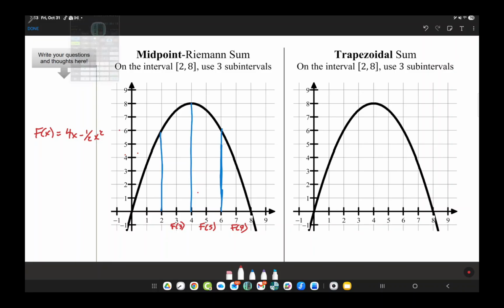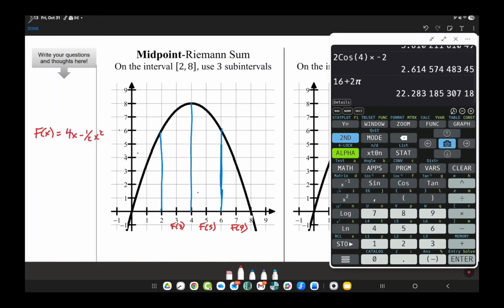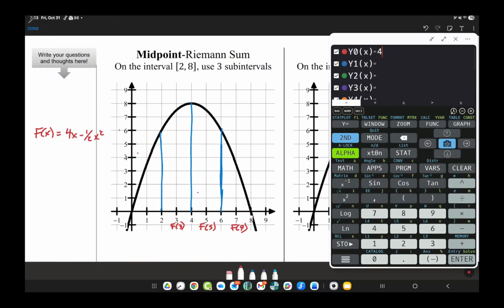So being that I don't want to do that by hand, I'm going to put it in here: 4x minus 0.5x squared. Go to my table set, change that to ask, and then table. We have 3, 5, and 7.